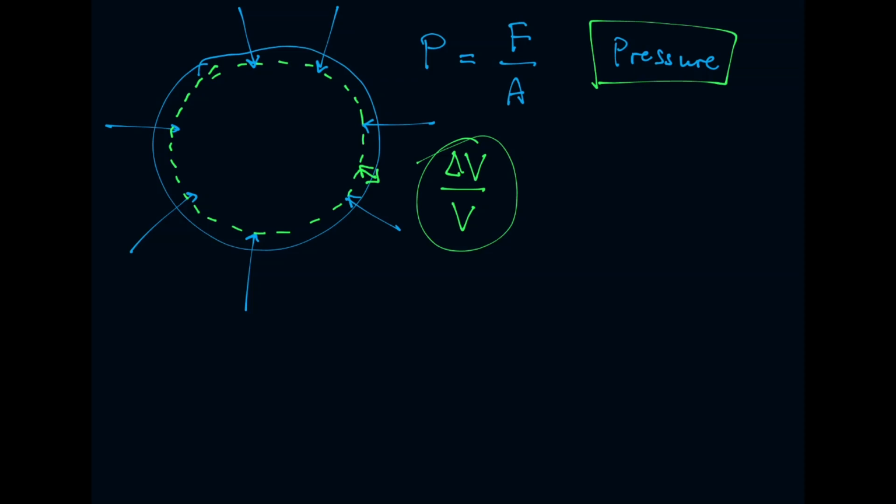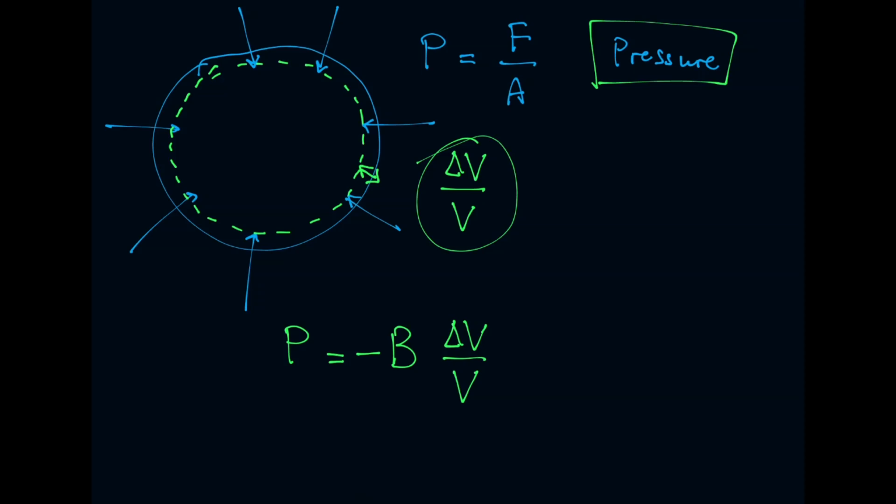And again, these two are proportional to one another. And in particular, pressure is equal to delta V over V times a constant. And there's actually a minus sign.